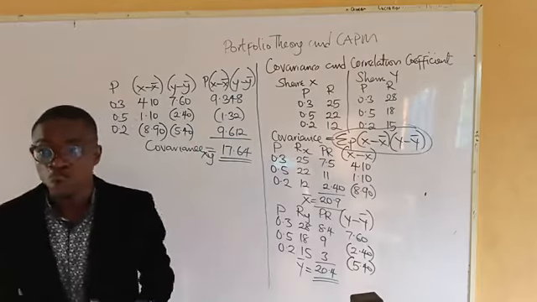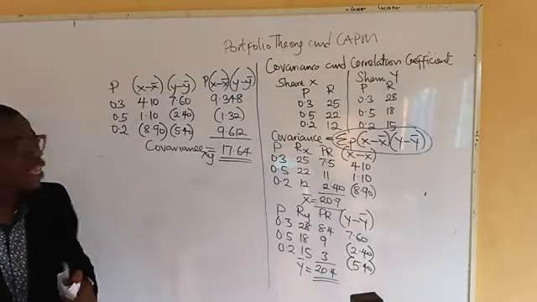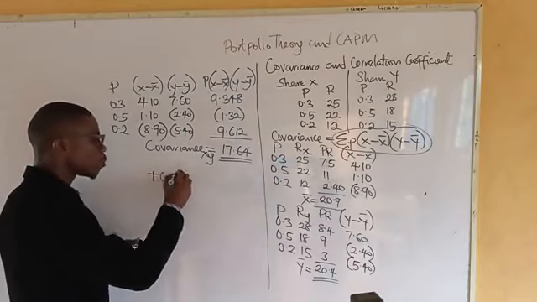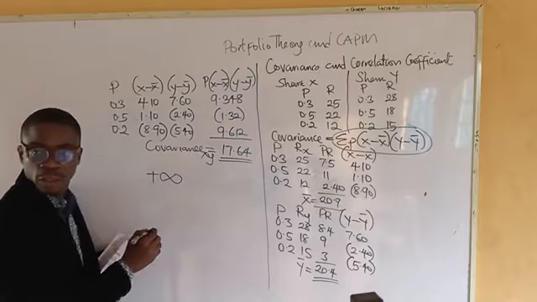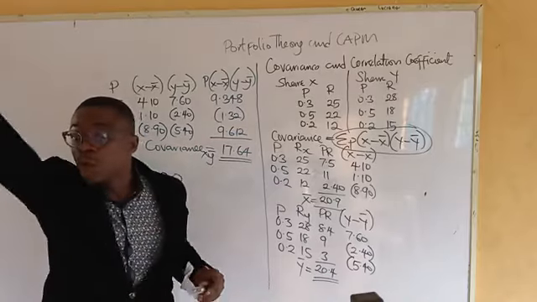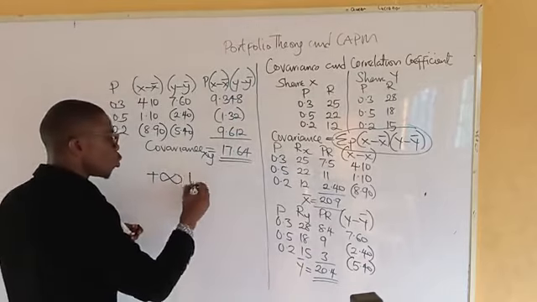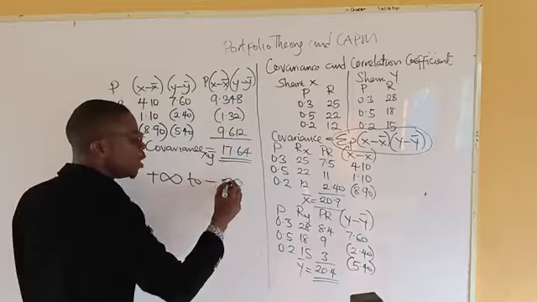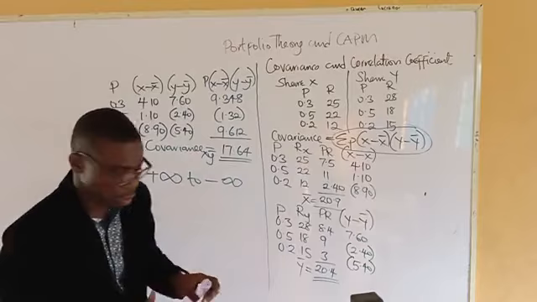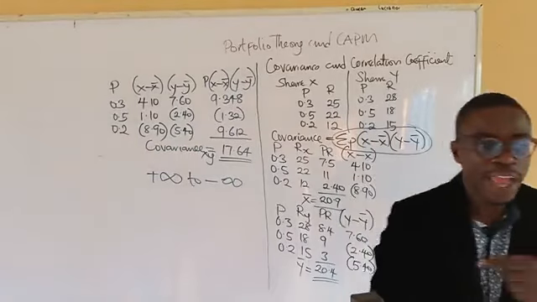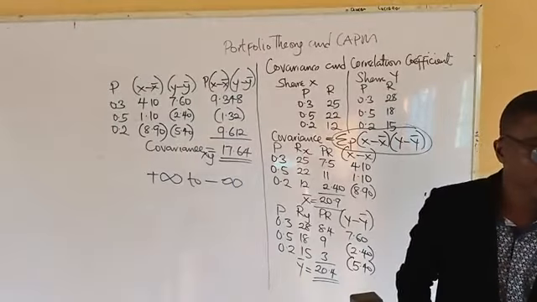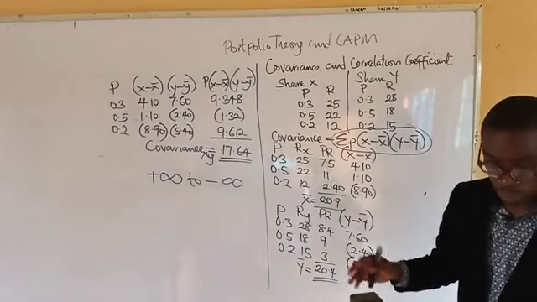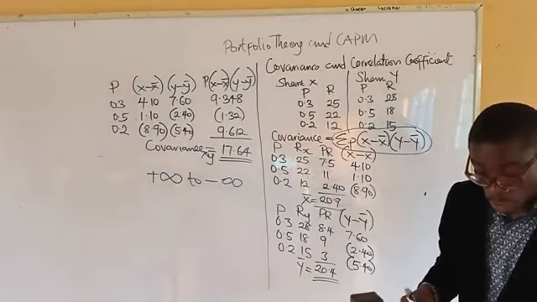The value of covariance varies between plus infinity, meaning it can be millions, to minus infinity. That is the range of covariance. Am I complicating?